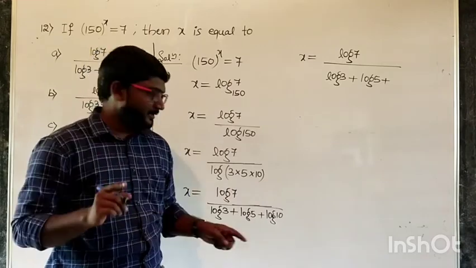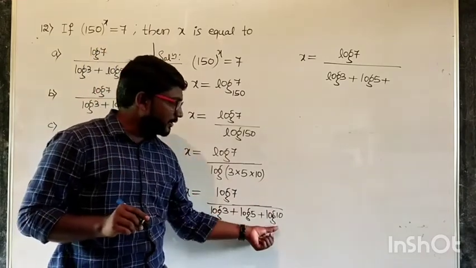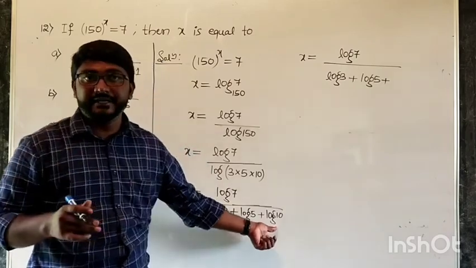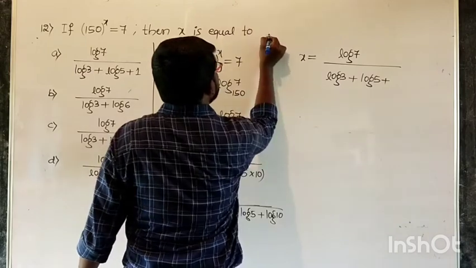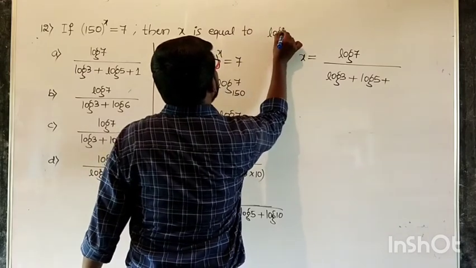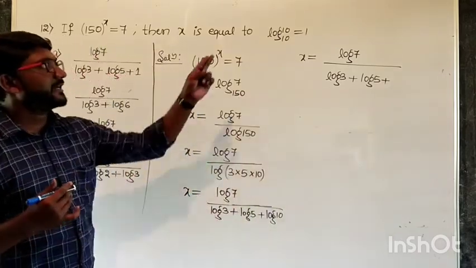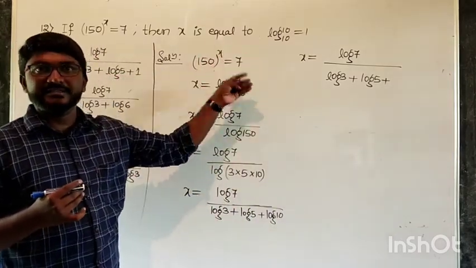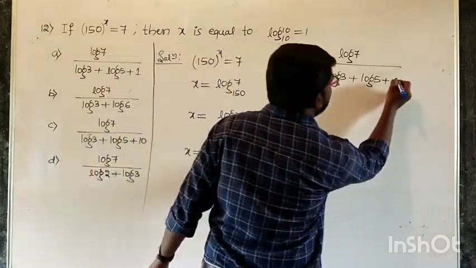It is 1. So here the base is not mentioned. If the base is not mentioned, we have to take 10, common logarithm. See here, log 10 to the base 10 is equal to 1. So this is the standard property. Log a to the base a is always 1. So in place of log 10, I can write 1.